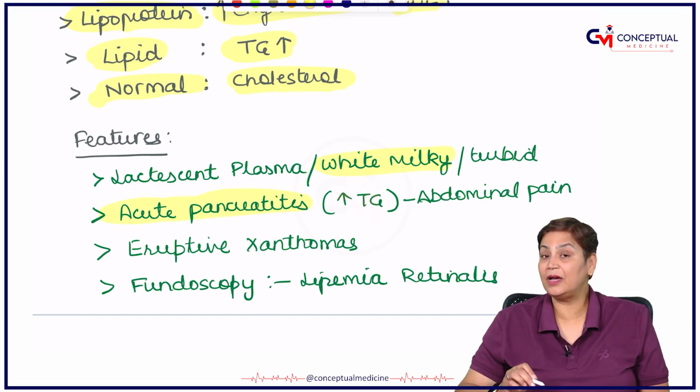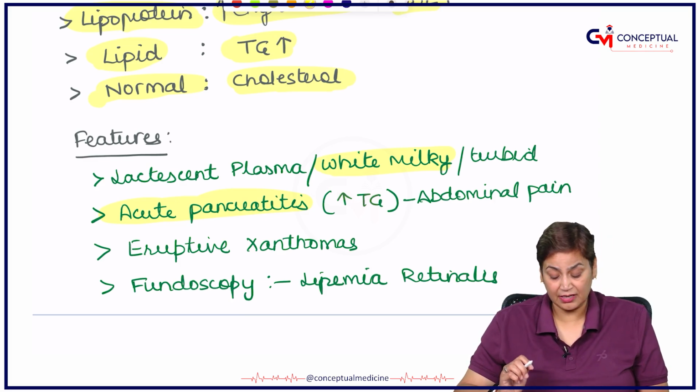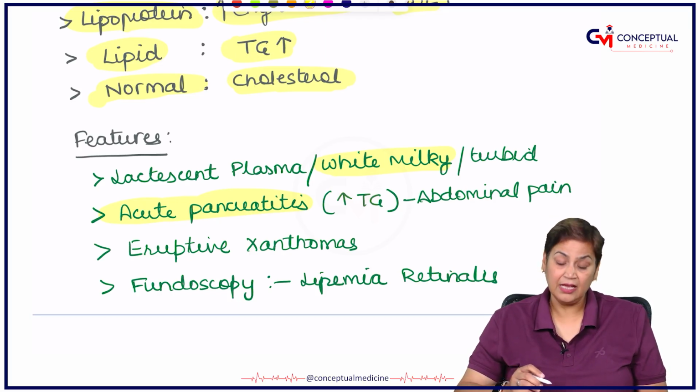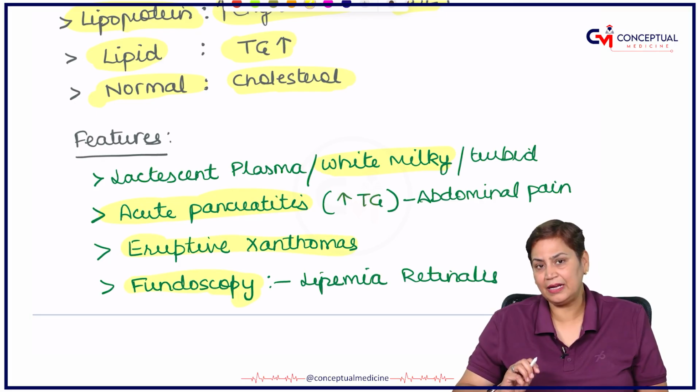The enzymes which are diagnostically important are lipase and amylase, lipase being the most sensitive indicator of this. Then eruptive xanthomas will be there, and if fundoscopy of the eye is done, it shows lipemia retinalis.